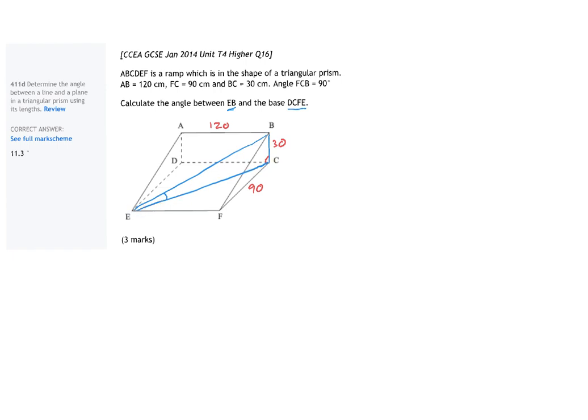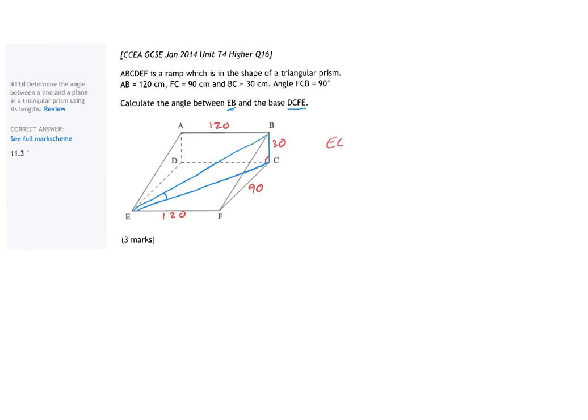If I look at my dimensions, if AB is 120, so is DC, and importantly, so is EF. So I'm going to write that on here. So that's going to be 120. Therefore, to find the measurement EC, I'm going to be using Pythagoras.